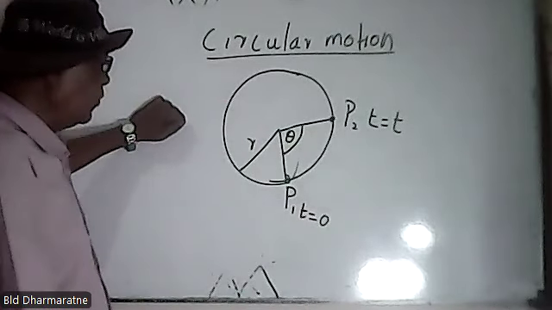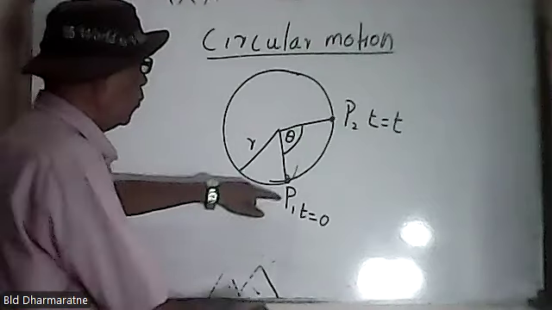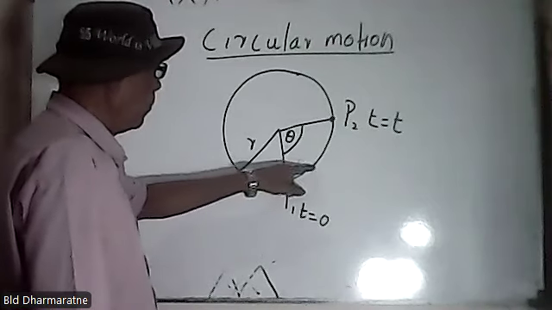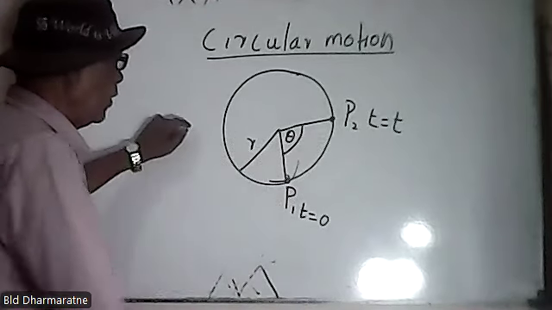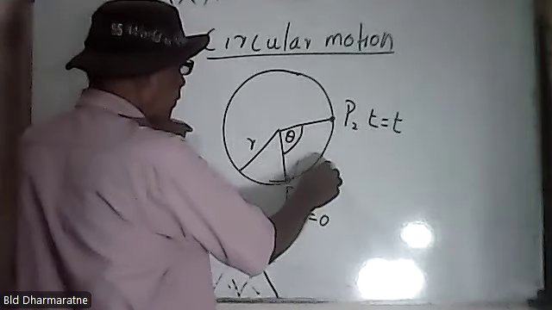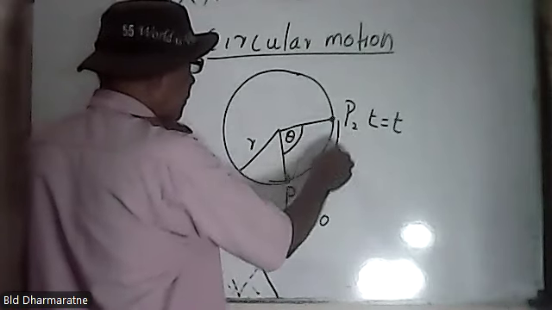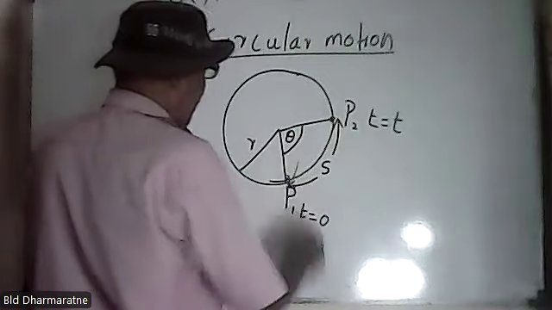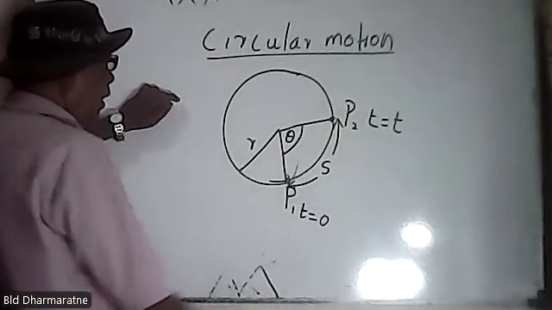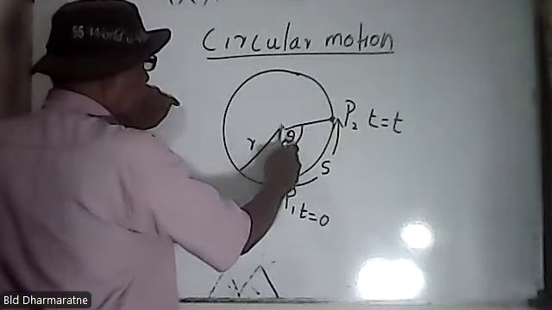Actually, the linear displacement is from P1 to P2 along the path. Along the path linearly we say S. Angularly, it is theta, the angular displacement.